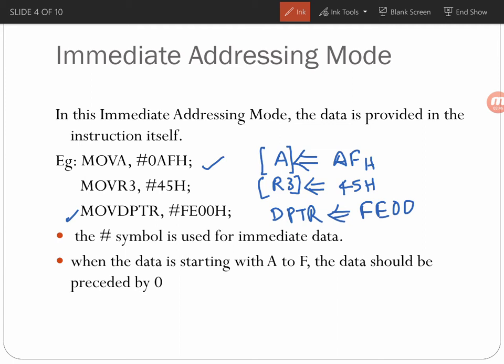The points to be remembered are, whenever we are going with immediate data, the hash symbol has to be used. And whenever the data starts with A to F, it has to be preceded by 0. See here, for example, it is preceded with 0.